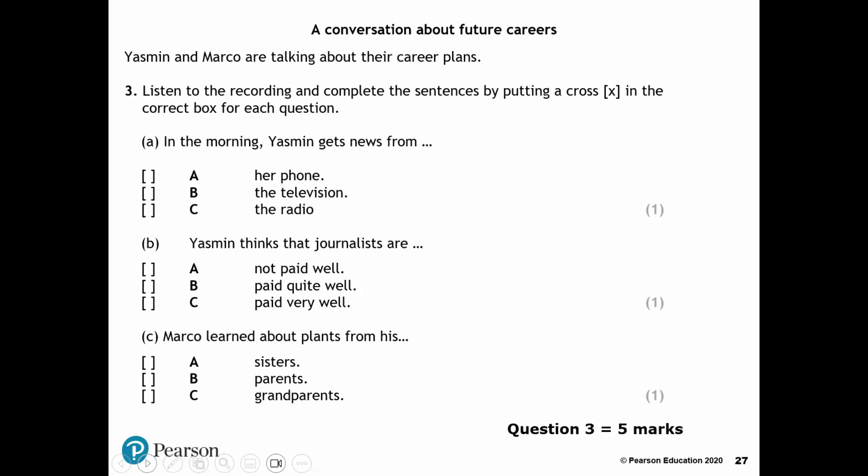Okay, so again, the 3 option multiple choice questions that the students need to answer, A, B, or C. And again, it's quite useful for teachers to do some work. If we look at that question B, around qualifying language, not paid well, paid quite well, paid very well.